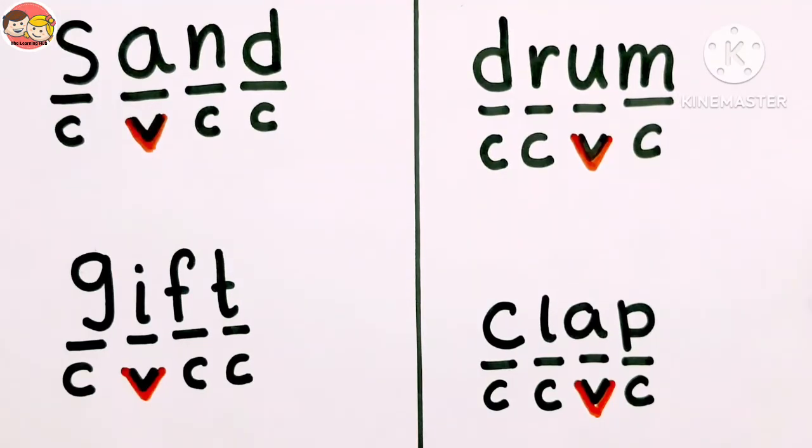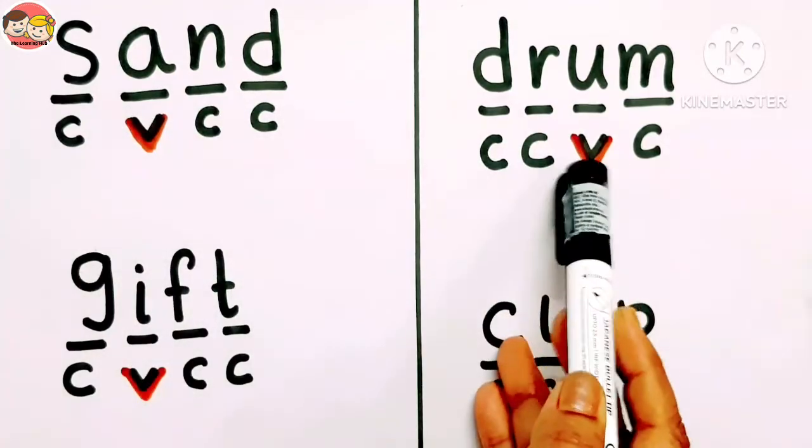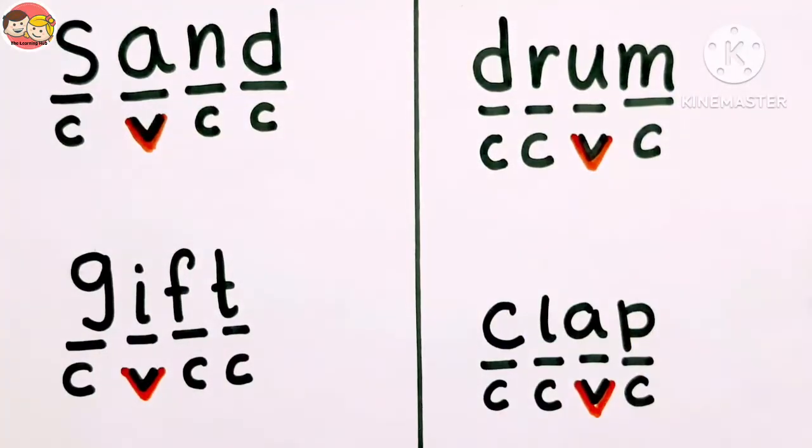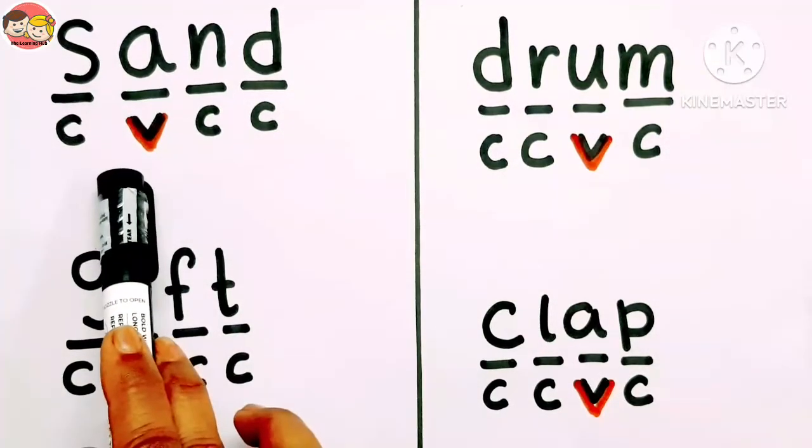So the main point is, when there is only one vowel in a word or in a syllable, then the vowel sound is going to be short. So it doesn't matter how many consonants are there in a word. What matters is how many vowels there are.